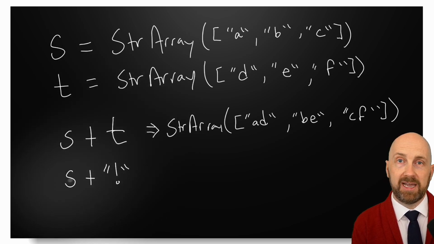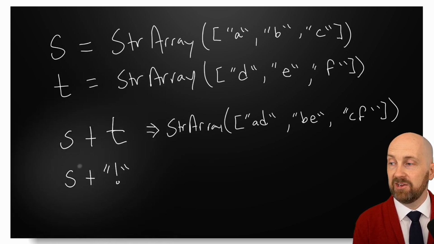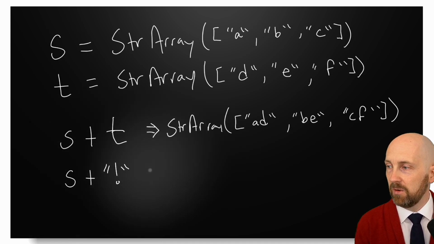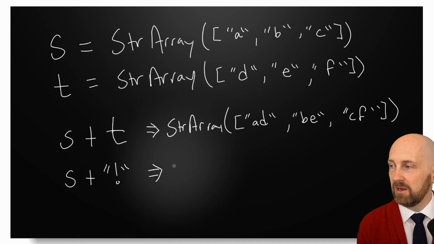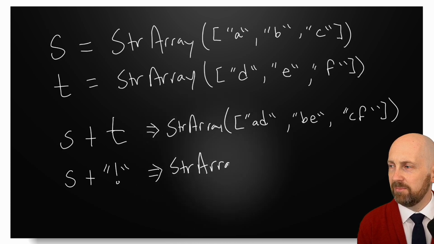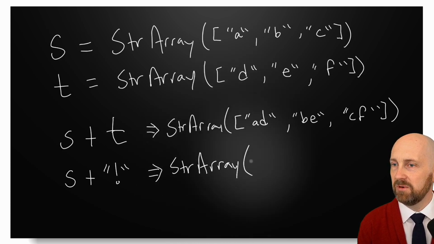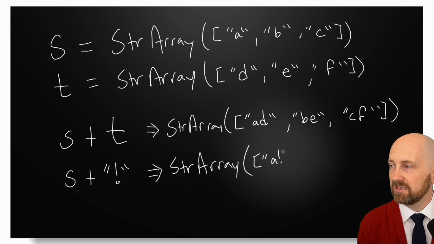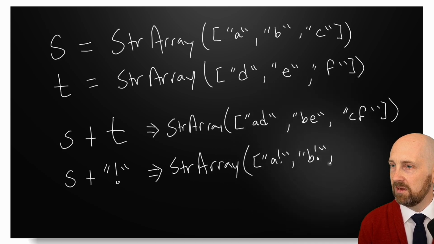Well, what if we wanted to be able to add or concatenate a string to a StrArray? What would this result in if we evaluated it? We'd like this behavior to be very similar, but if we think about it deeply, when we go to implement this ourselves, it's going to be a little bit different. This would be a StrArray where the first element would be A exclamation point, the second item would be B exclamation point, and the third item would be C exclamation point.